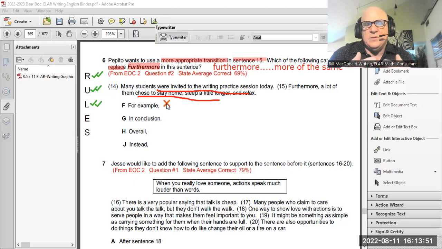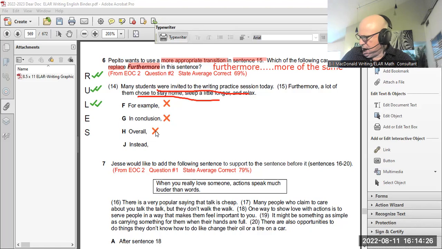And since only one sentence was given in this situation, many kids were invited to the session, but they didn't want to come. So it doesn't make sense, and neither does overall, because overall means all encompassing, like now that I've shared all of this with you, now that I've gone over all of this with you, here's what we're going to conclude. Well, since we're looking for the opposite, the best answer in this case would be instead.